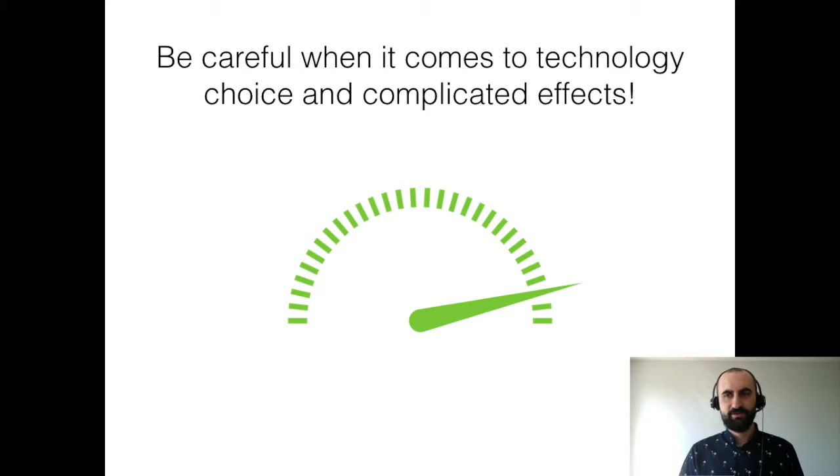GSAP won't magically make your animation faster if you use complex particle effects or advanced shaders. You just have to look out for effects that are more expensive performance-wise, and it applies especially to mobile devices.